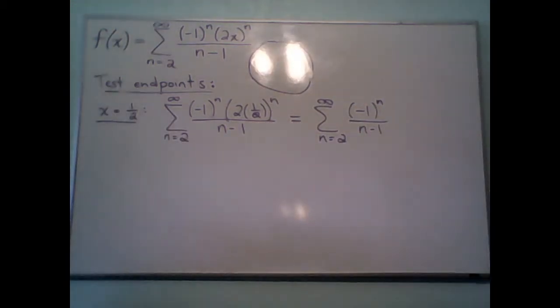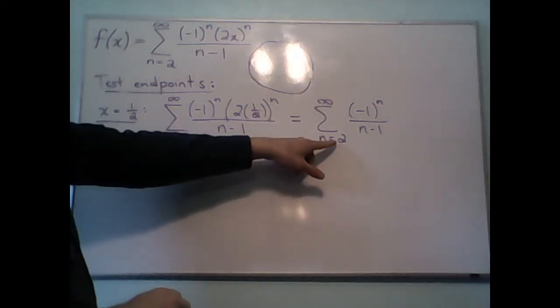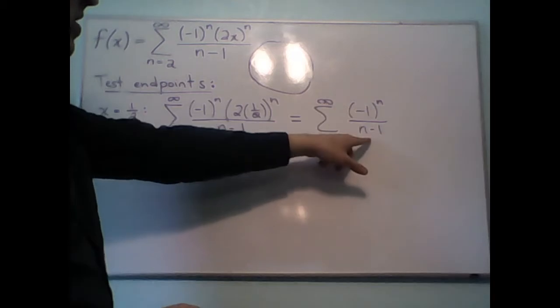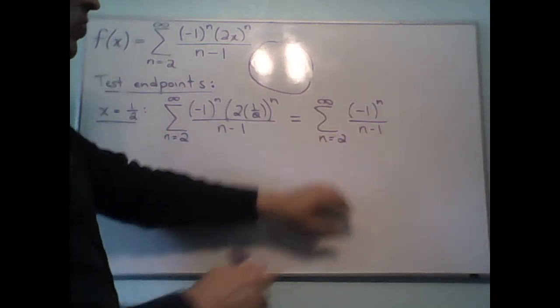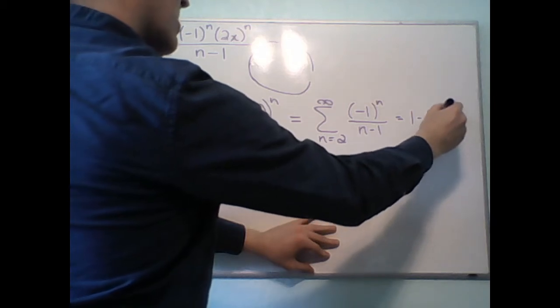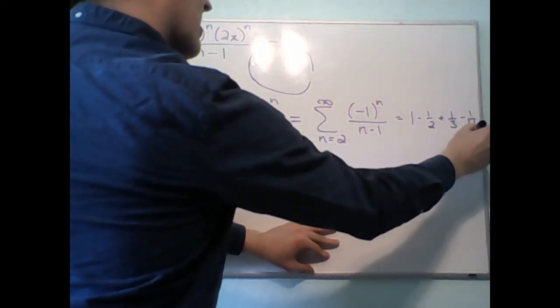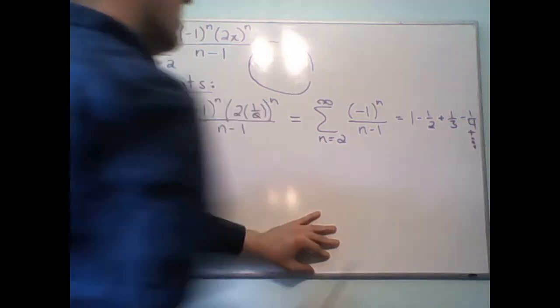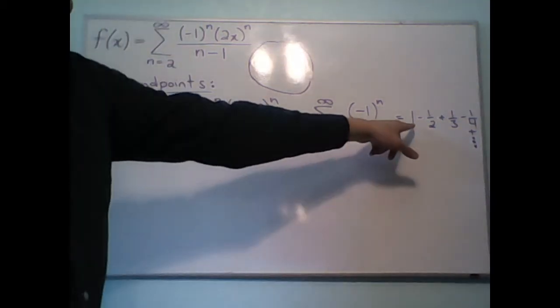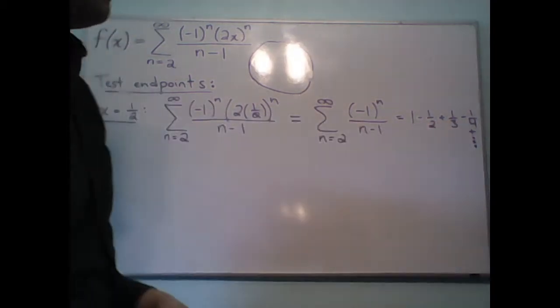And if it wasn't obvious what's going on here, you might try plugging in the first few values. Negative 1 squared is positive 1, divided by 2 minus 1 is 1. The next term will be minus 1/2, plus 1/3, minus 1/4, etc. Now it's quite clear that this is the alternating harmonic series, 1 minus 1/2 plus 1/3 minus 1/4.